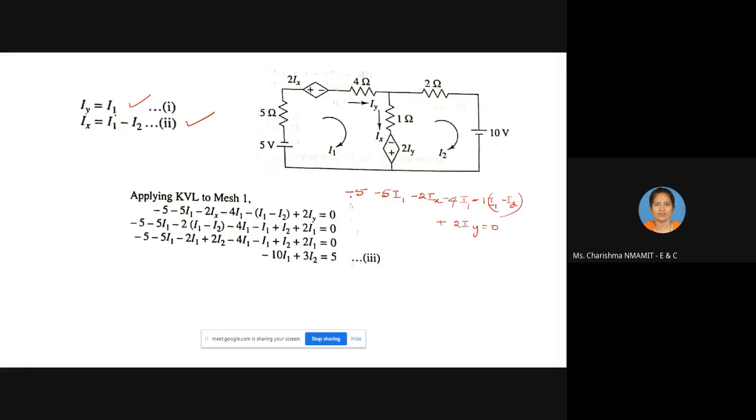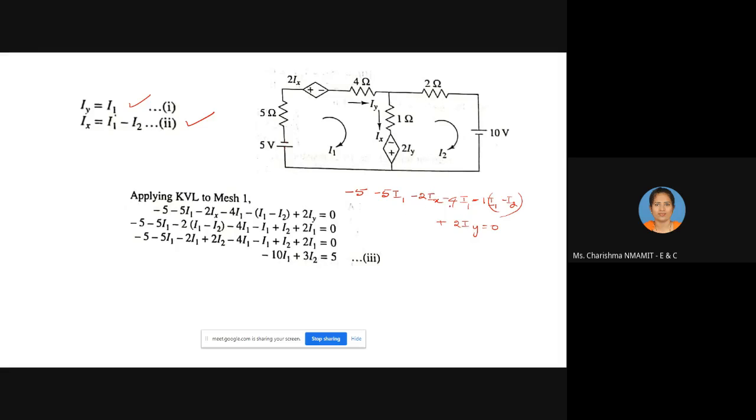Okay, right. Minus 5 I1 minus 2 Ix minus 4 I1 minus 1 into I1 minus I2, minus to plus 2 Iy is equal to 0.